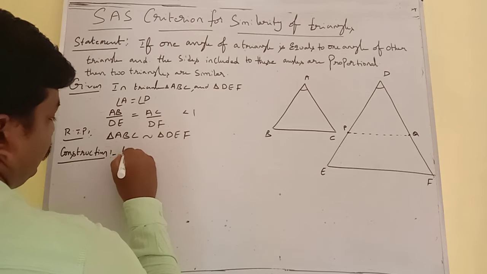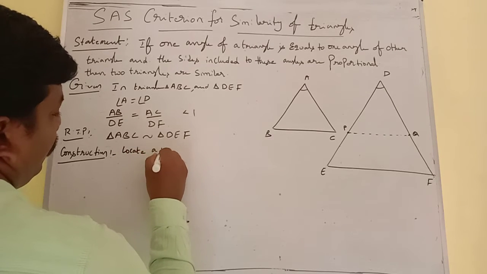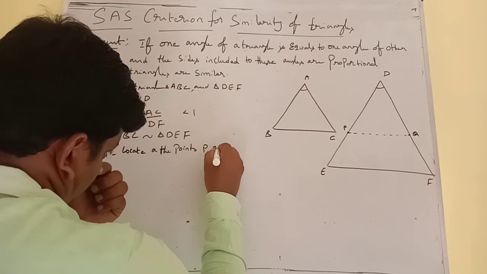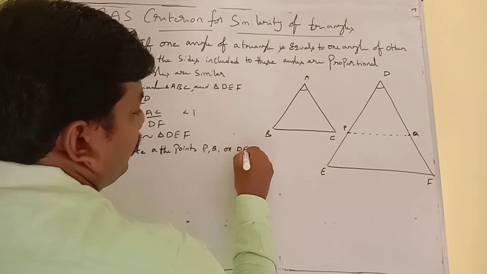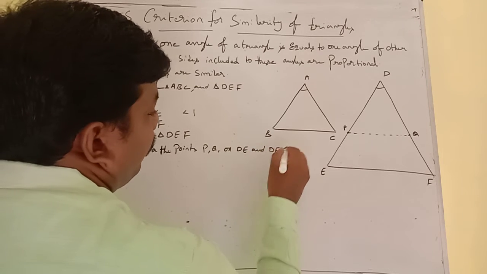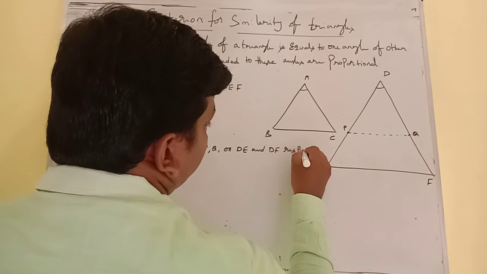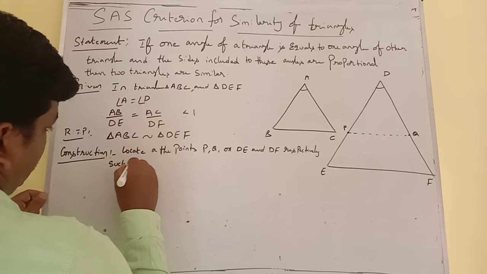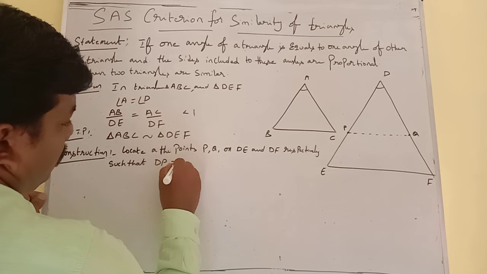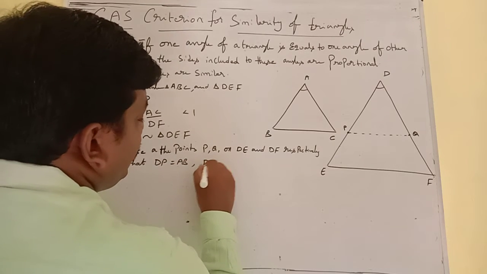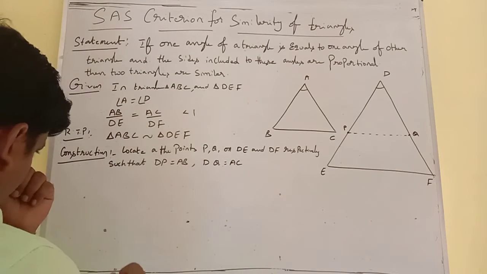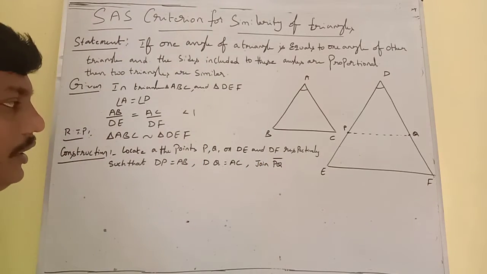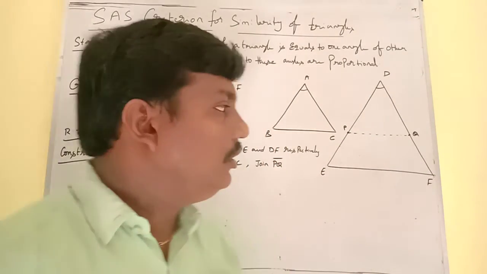That means locate the points P, Q on DE and DF respectively, such that DP length is equal to AB, DQ length is equal to AC, and join the line segment PQ. This is about the construction of the given proof.